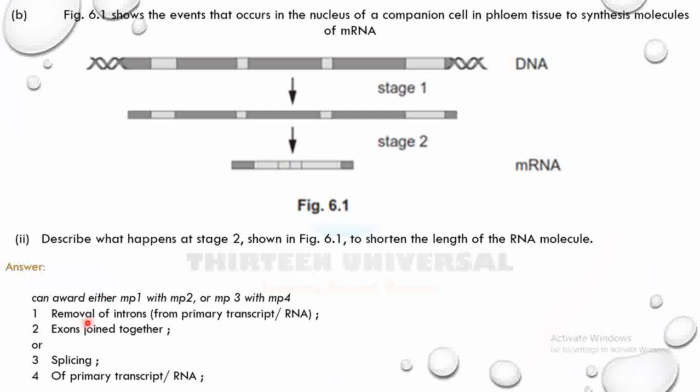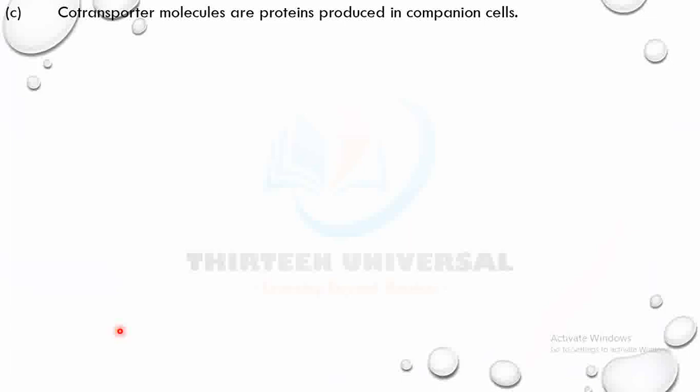So it is the removal of introns from the primary transcript, which is the first one formed. When we remove introns and join exons, we form functional RNA, and that is called splicing. So that's 2 marks.